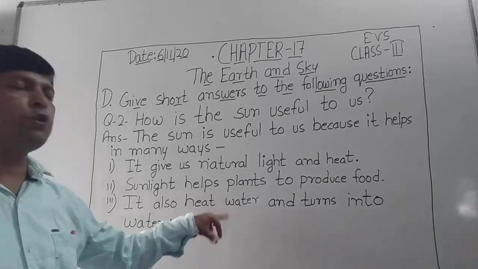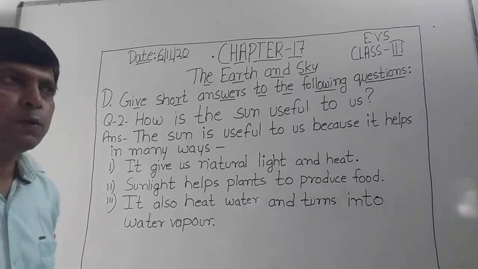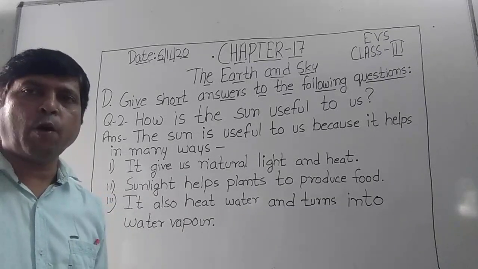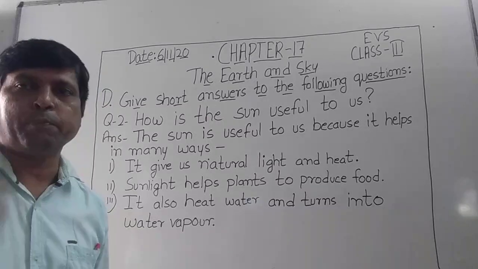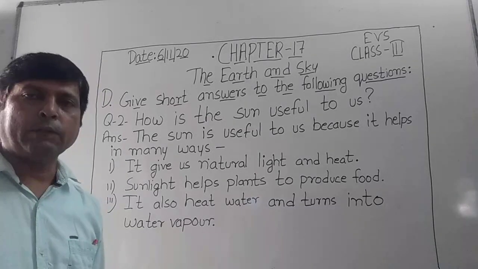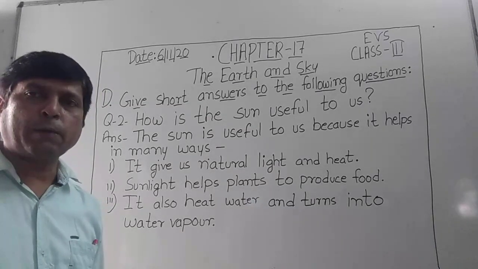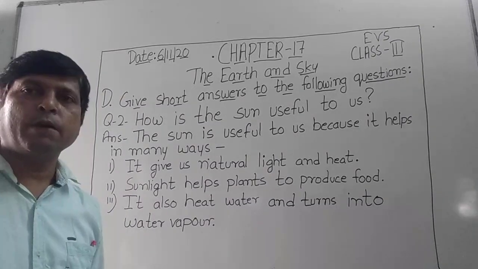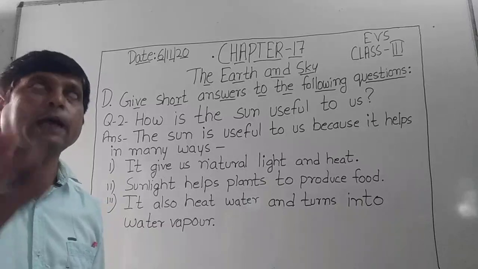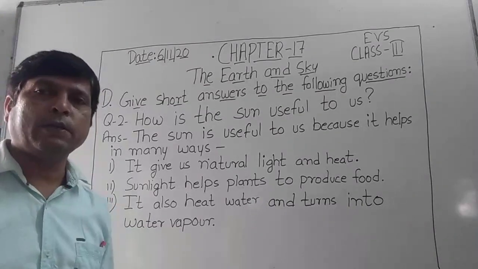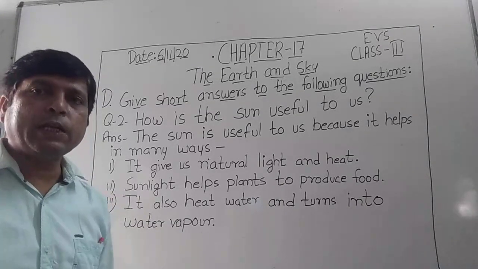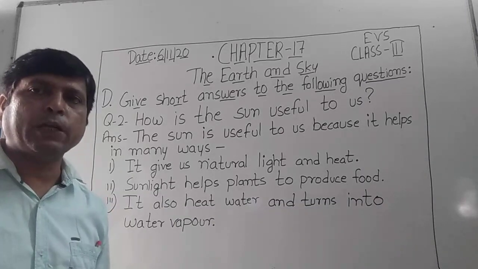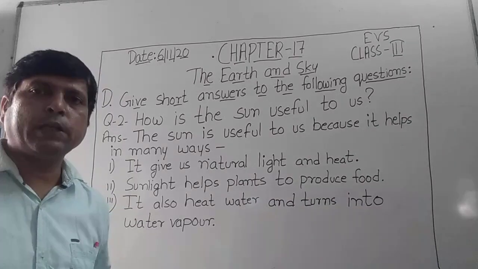Due to the heat of the sunlight, water evaporates and changes into water vapor. When water changes into vapor, it becomes very light and rises up in the sky. And when this water vapor cools down, when it comes in touch with the cool air, it cools down.